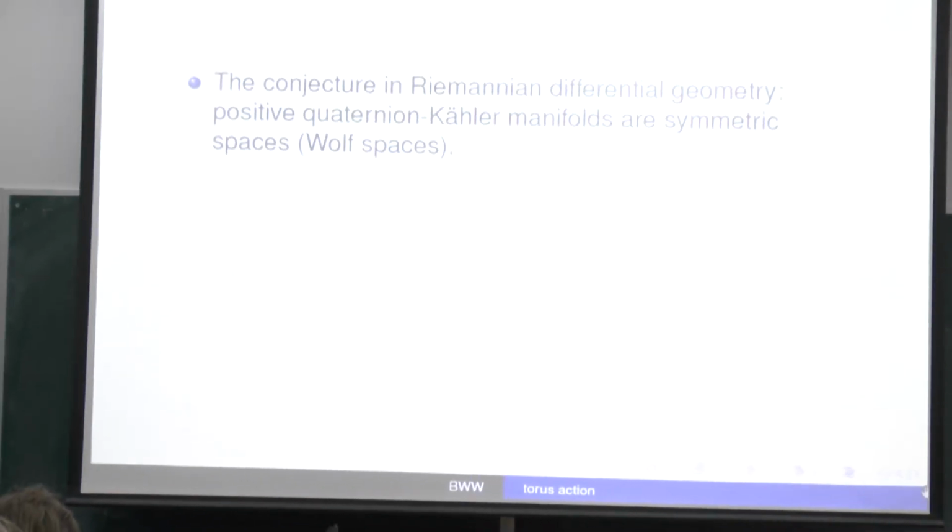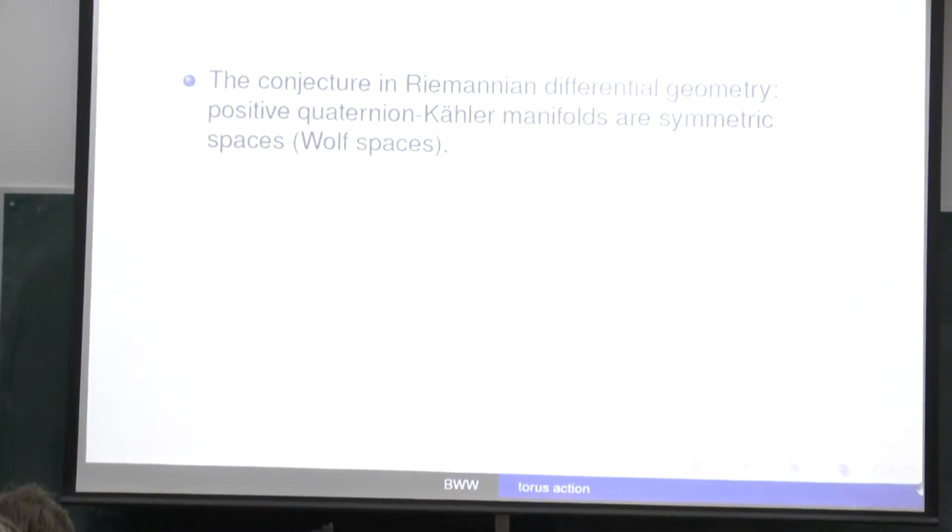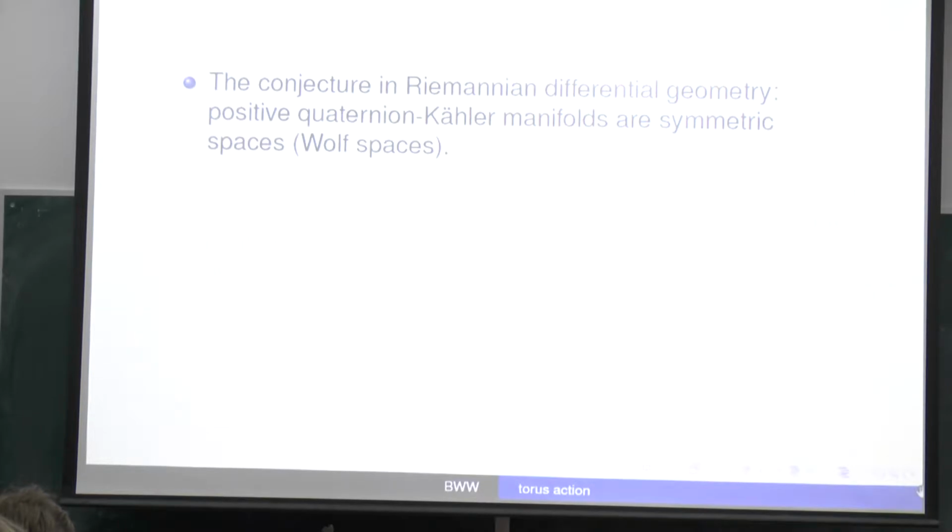So there is this theorem, or rather two theorems, one by de Rham and the other by Berger, in Riemannian holonomy. In case you forgot what holonomy is: you have a Riemannian manifold, simply connected for simplicity, and you make a parallel transport of a vector along a loop, then you come back to the same point, and so you have some transformation of the tangent space.